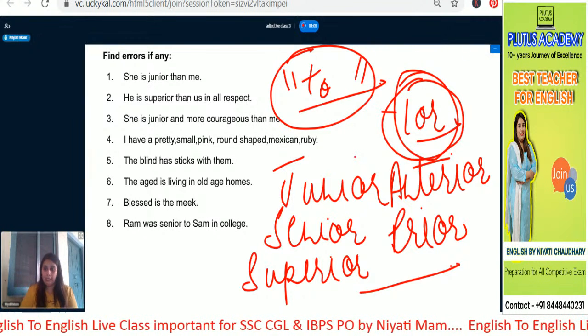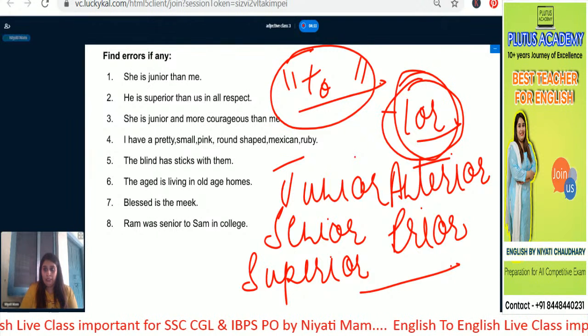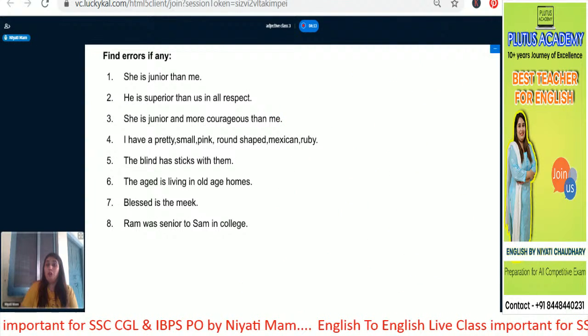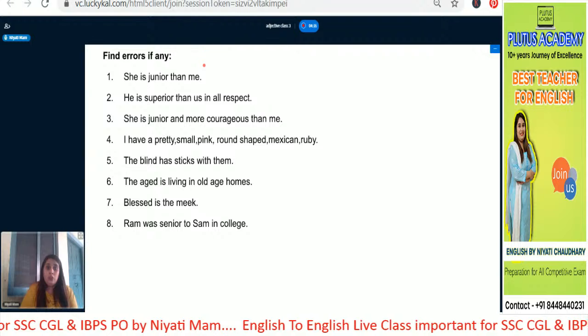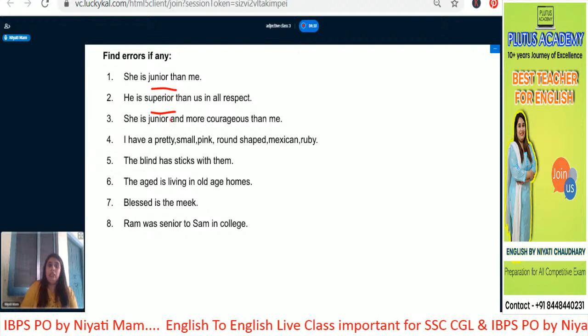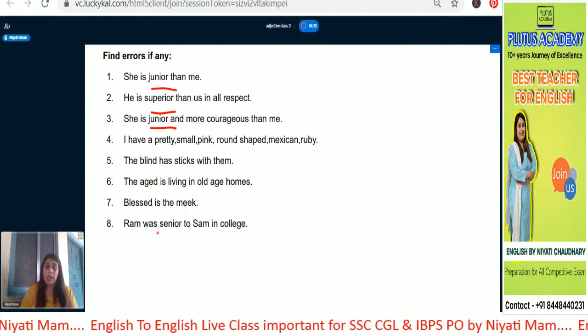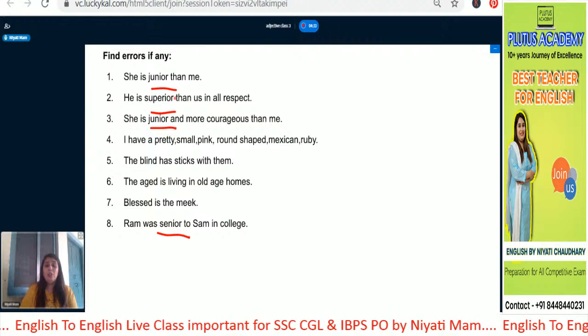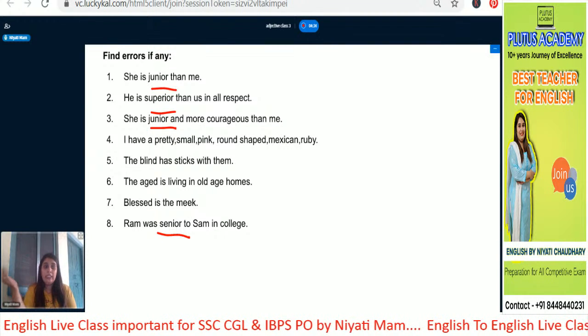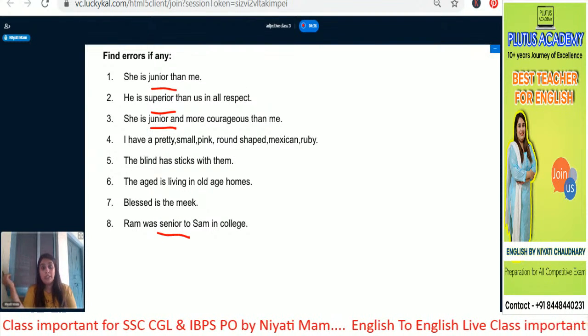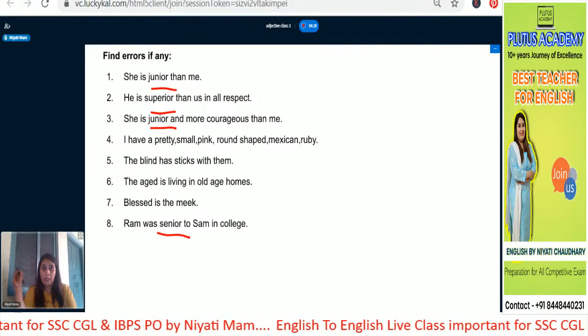First find out the sentences which involve this rule: junior, superior, and senior. All the words end with IOR, right?